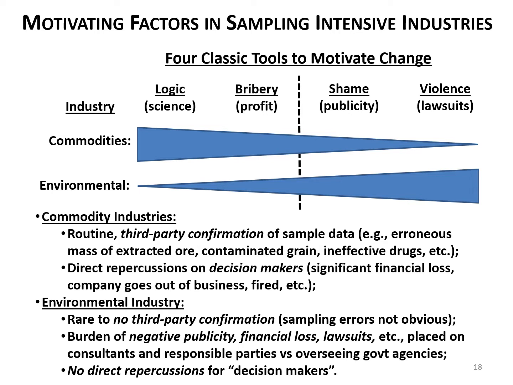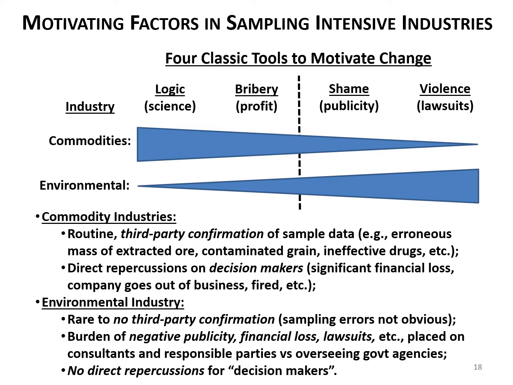So you know very quickly if your sample data were erroneous with respect to the mass of, say, gold in this crushed up ore, because some processing company that you sell it to, they're actually going to extract it. They know exactly how much gold is in there. It's like a third-party confirmation. Same thing with grain. You find out real quickly if your grain that you sold someone else to make bread or whatever was actually contaminated when your sampling data said it wasn't, or with ineffective drugs or whatever.